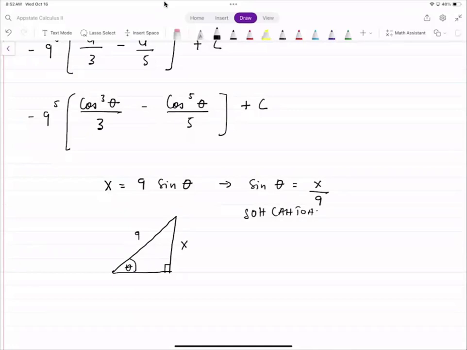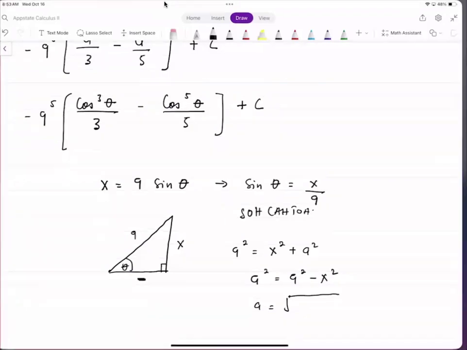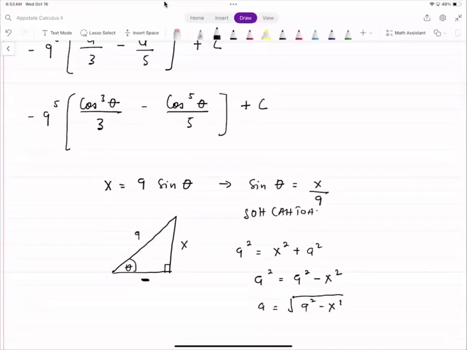And then if you use the same thing as we did in the previous example, by using the Pythagorean theorem, you are going to have 9 squared equals x squared plus a squared, or b squared, or whatever is here. And so you're going to get a squared equals 9 squared minus x squared. And so a equals the square root of 9 squared minus x squared.